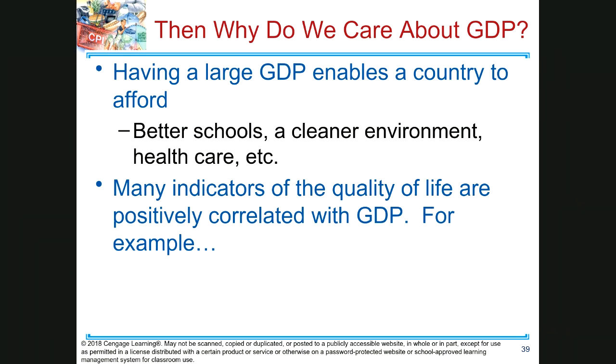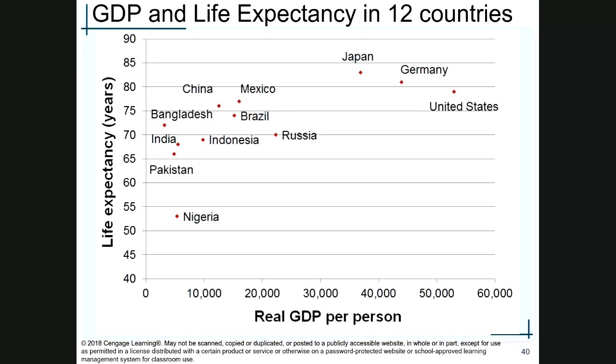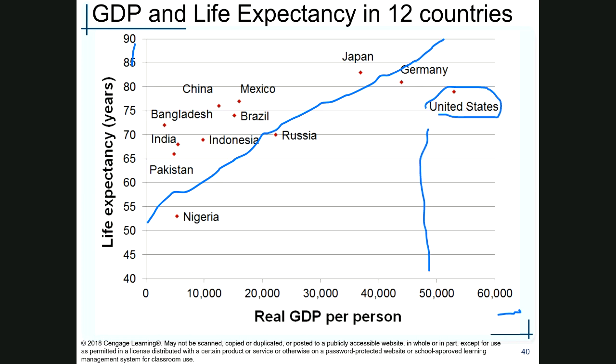Having a large GDP, of course, enables a country to afford better school choices, a cleaner environment, healthcare, and so on. Many indicators of the quality of life are positively correlated with GDP. A statistician would make a graph: if you put life expectancy on the vertical axis and GDP per capita on the horizontal, we see that countries with a higher GDP, like the United States, Germany, and Japan, have higher life expectancy.